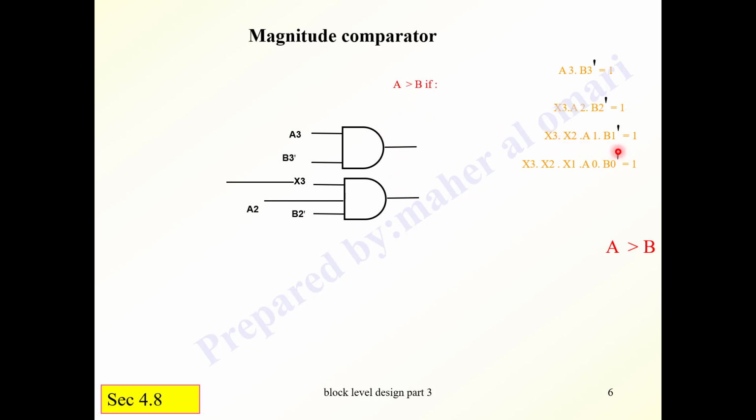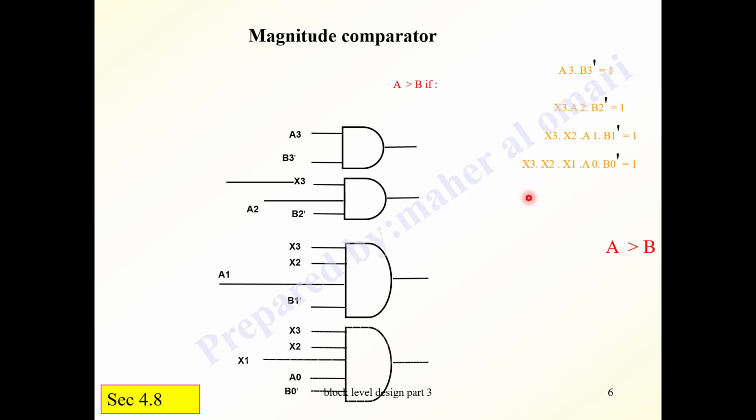The third relation here, we can apply an AND gate where we have X3, X2, A1, B1 bar as inputs. If this is equal to 1, then this is satisfied. The last one, we have X3, X2, X1 as inputs, A0 and B0 bar.